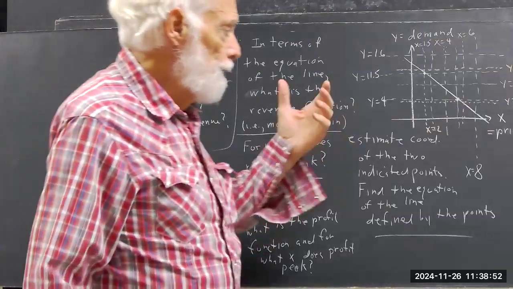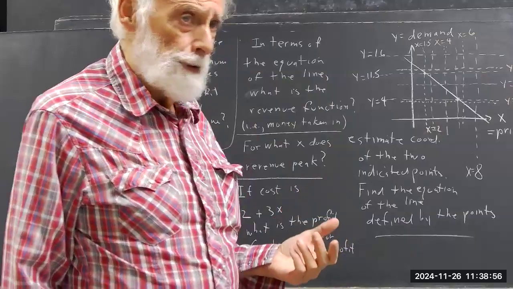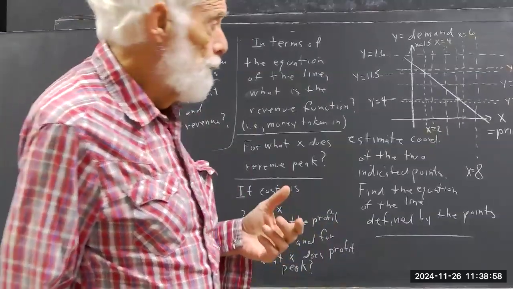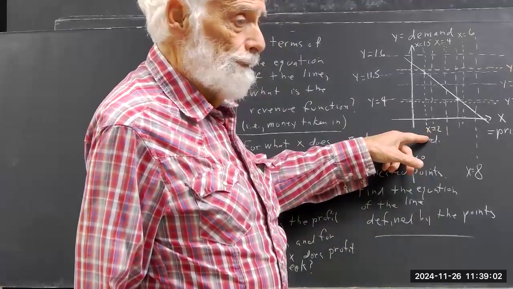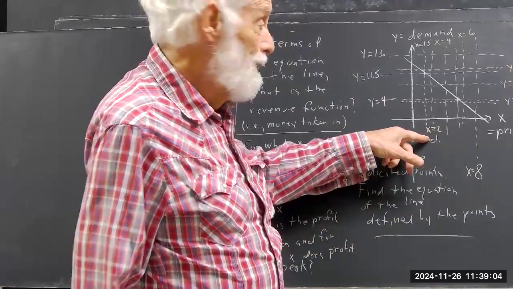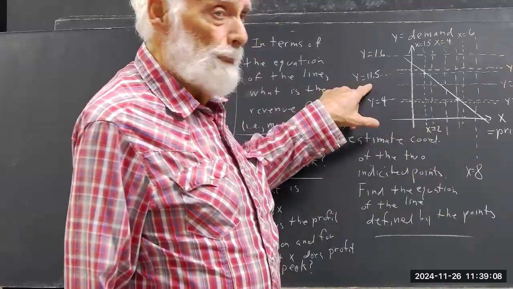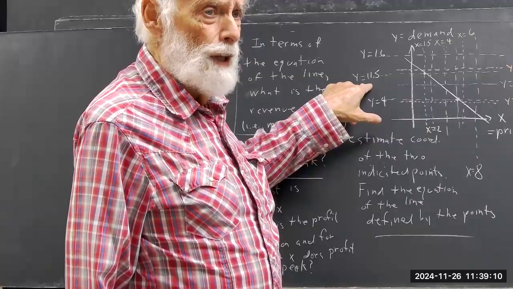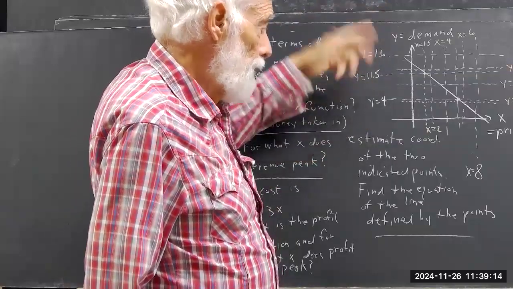Now, this illustrates what you would do in a business if you knew, well, we set the price at $1.50 and we sold 11.5. So maybe that's 11.5 thousand or something like that. Okay. So this could be the demand of the audience.